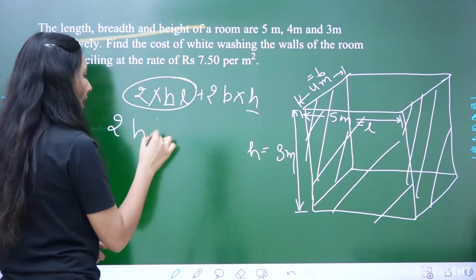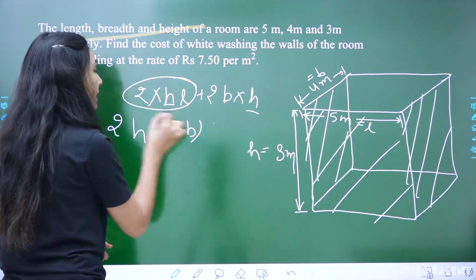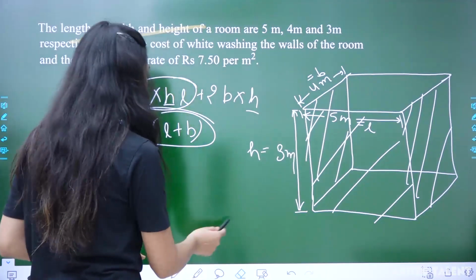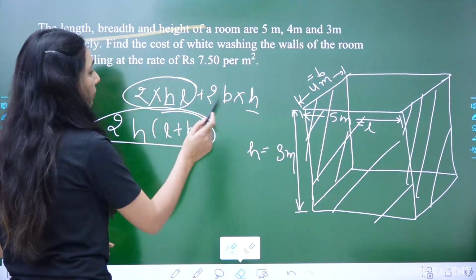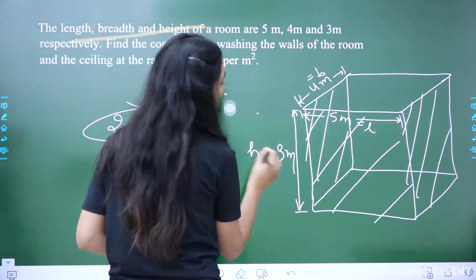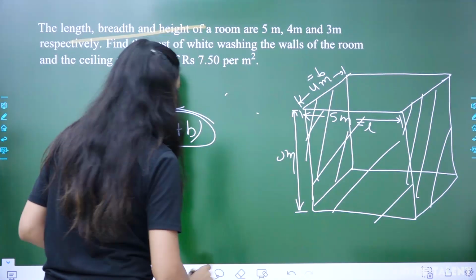Height is common, L plus B, so it is 2h(L + B), and that was also the direct formula too. Okay, you can use the area of 4 walls formula. I have told you in this particular question.